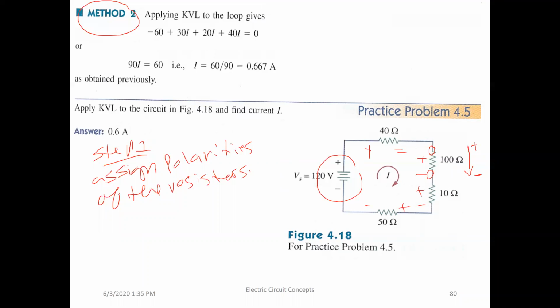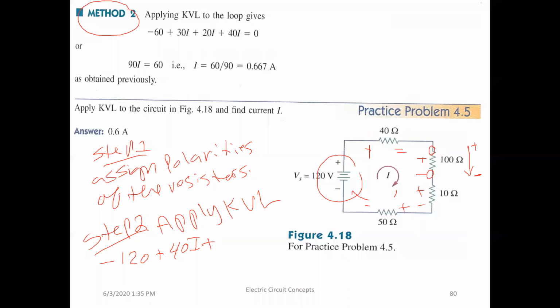Then step two, apply KVL. How? Minus 120. Why is it minus? Because the current is going to hit the minus first, and then plus I times 40 plus 100I plus 10I plus 50I equals 0. Then you add all this, and you find I equals 120 over the sum of those three.